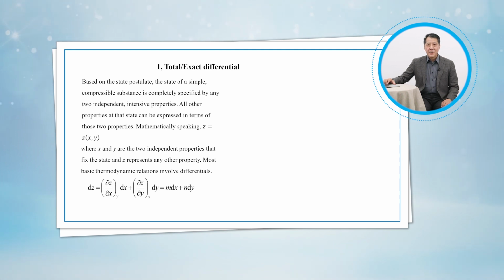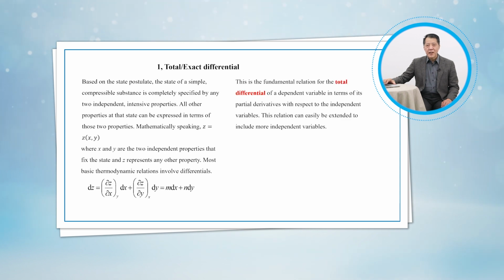The exact differential of a function z continuous in the variables x and y is given here. This is the fundamental relation for the total differential of a dependent variable in terms of its partial derivatives with respect to independent variables.